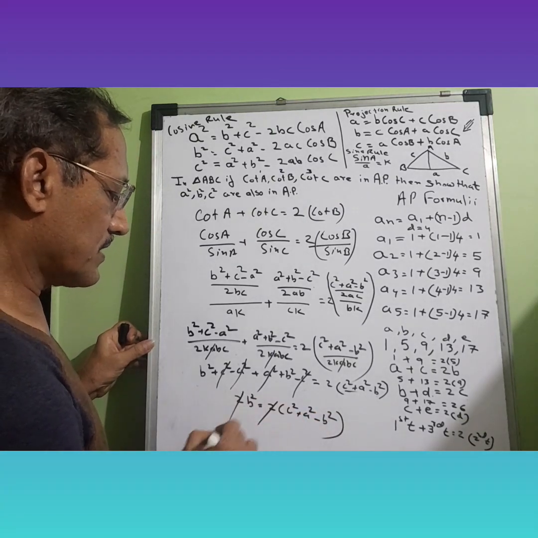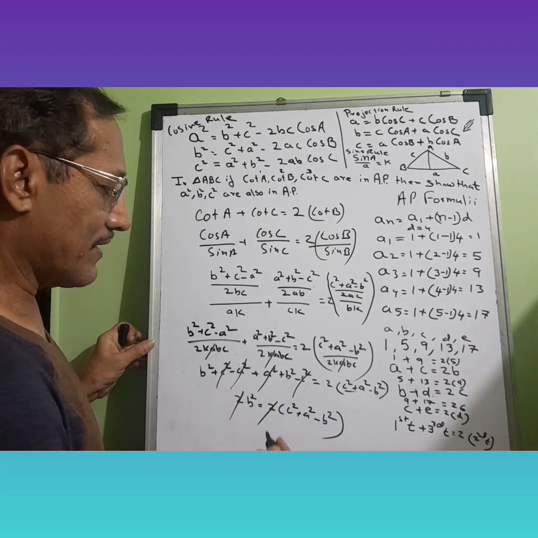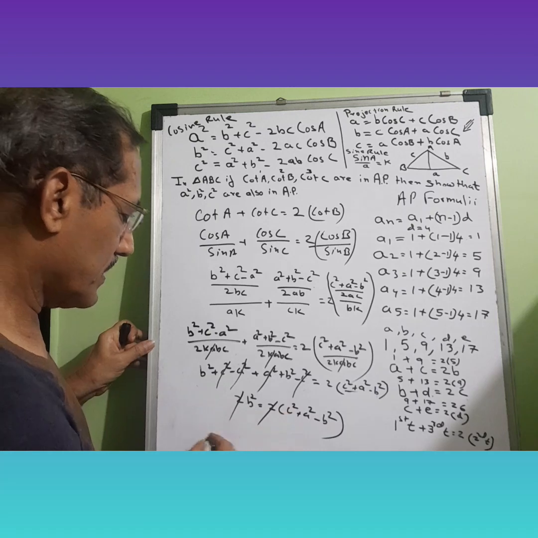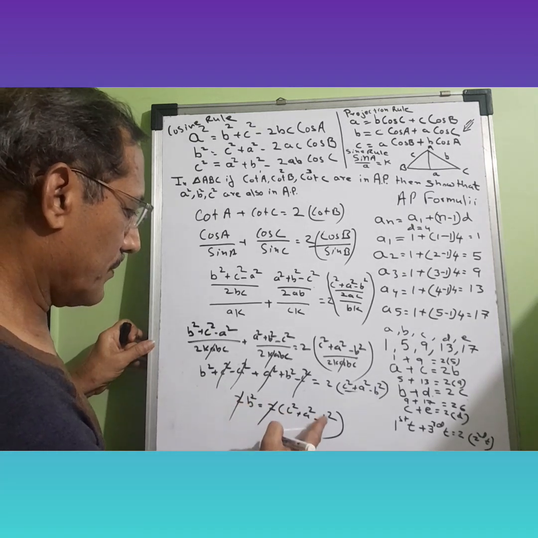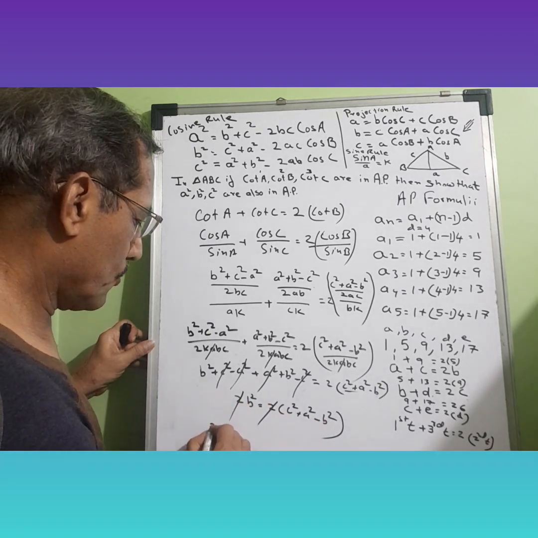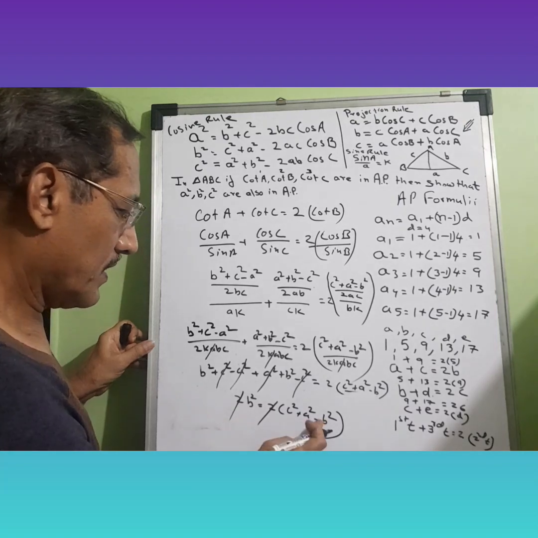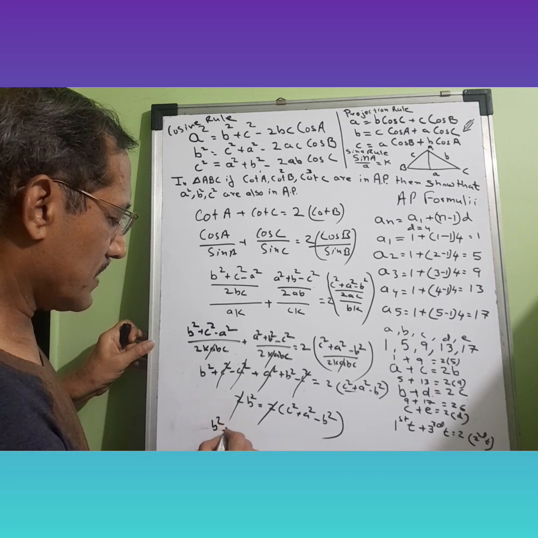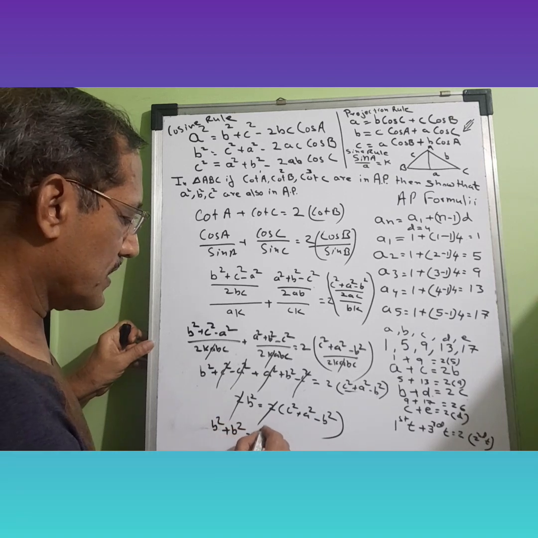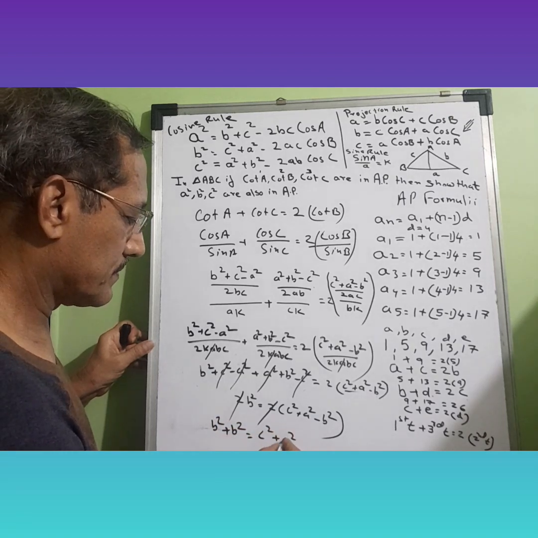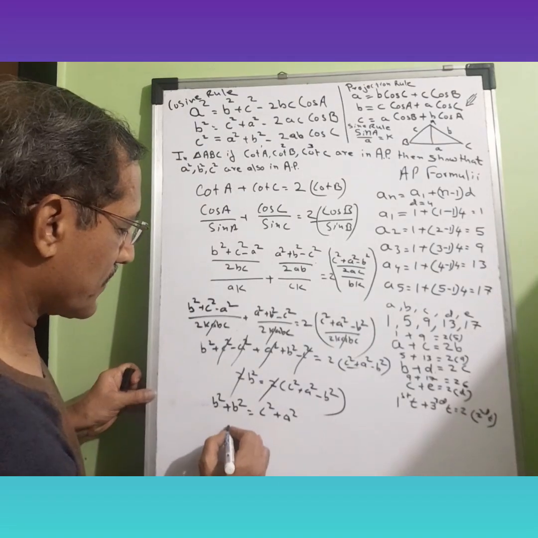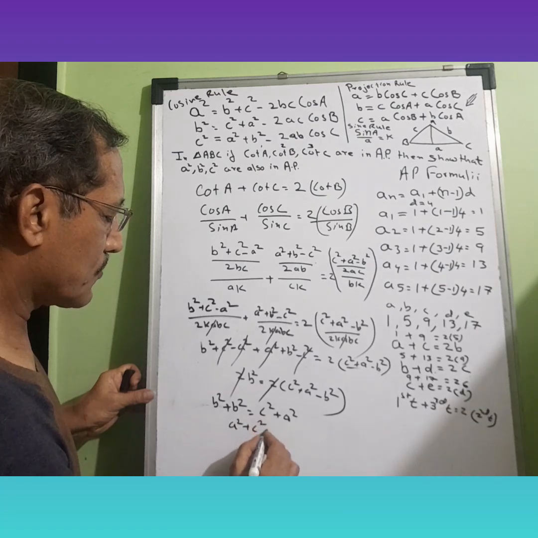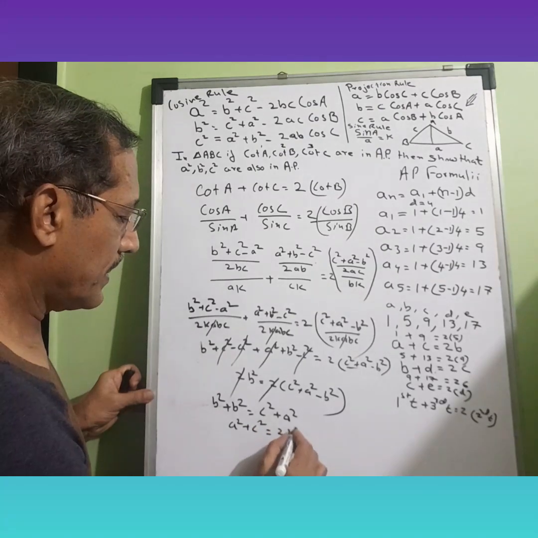So this and this get cancelled. Let's get what we wanted. If I take b this side, this b square comes here, so it is b square plus b square is equal to c square plus a square. Let's organize it as per our requirement. So it is a square plus c square is equal to 2b square.